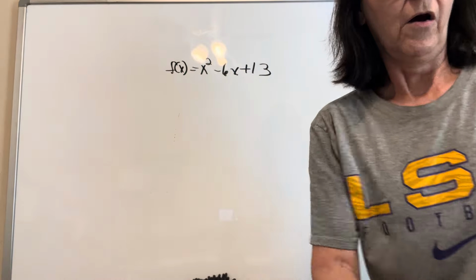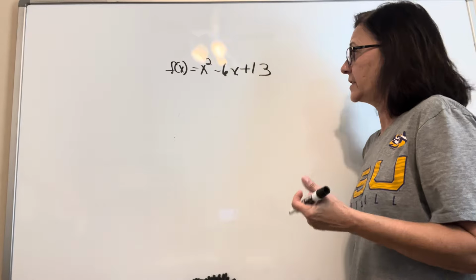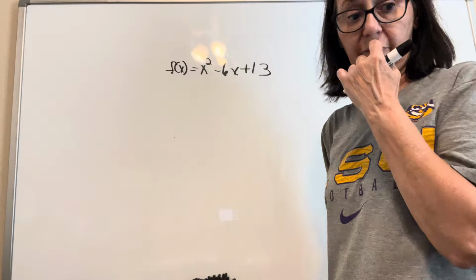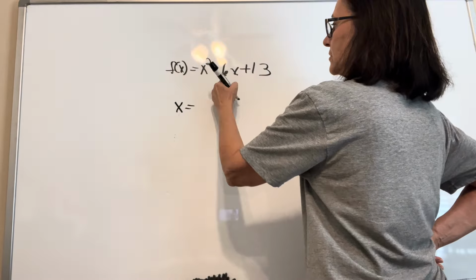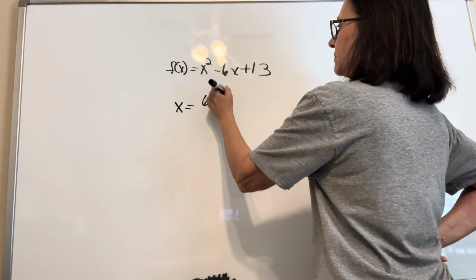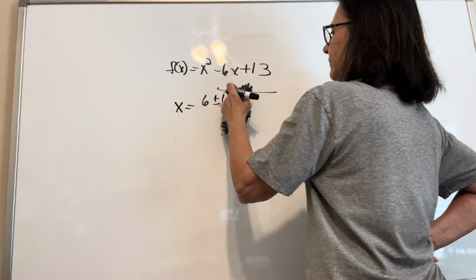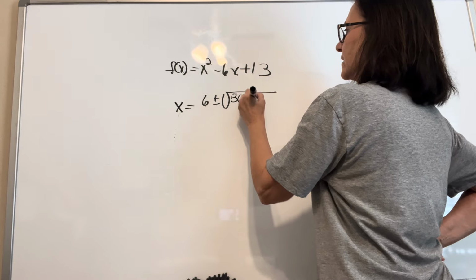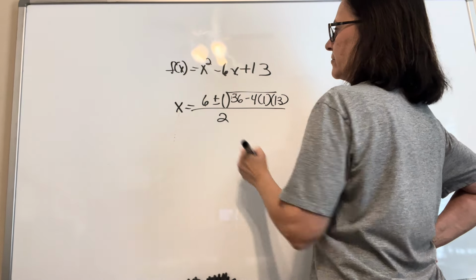I already know I can't simply factor. There's no factors of 13 such that when we add them, we get -6. So I'm going to the quadratic formula. So x equals the opposite of b, plus or minus the square root of b squared, which would be 36, minus 4 times a times c, all over 2a.